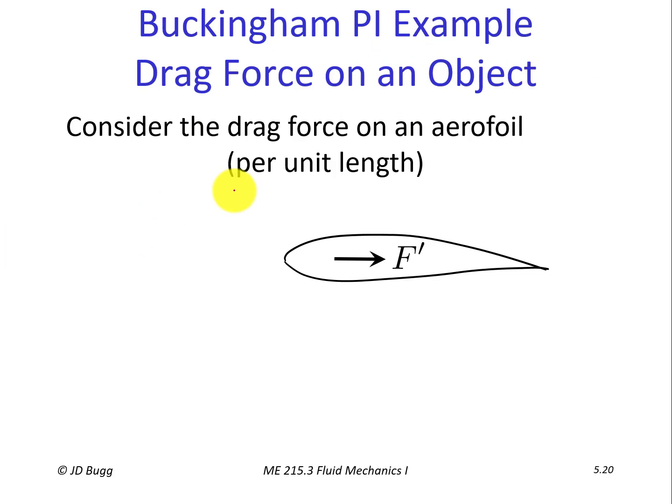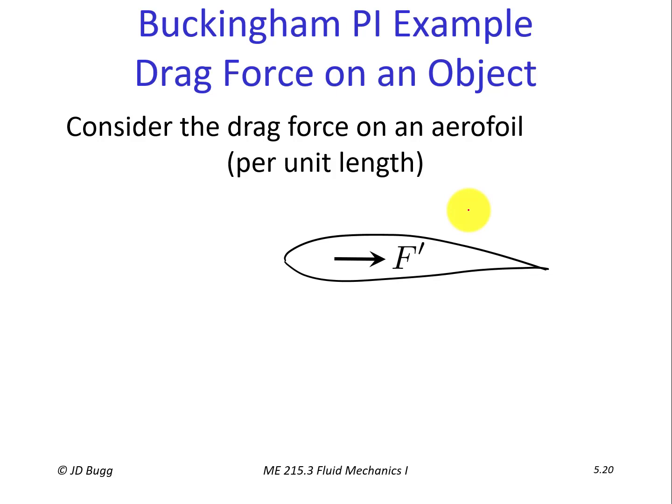That's why I have a little reminder here. We're finding the force per unit length, and this little prime is to remind us this is a force per unit length. So ultimately, if we were to assign some units to this, it would be newtons per meter, per meter of span of the airfoil in and out of the screen. So force per unit length.